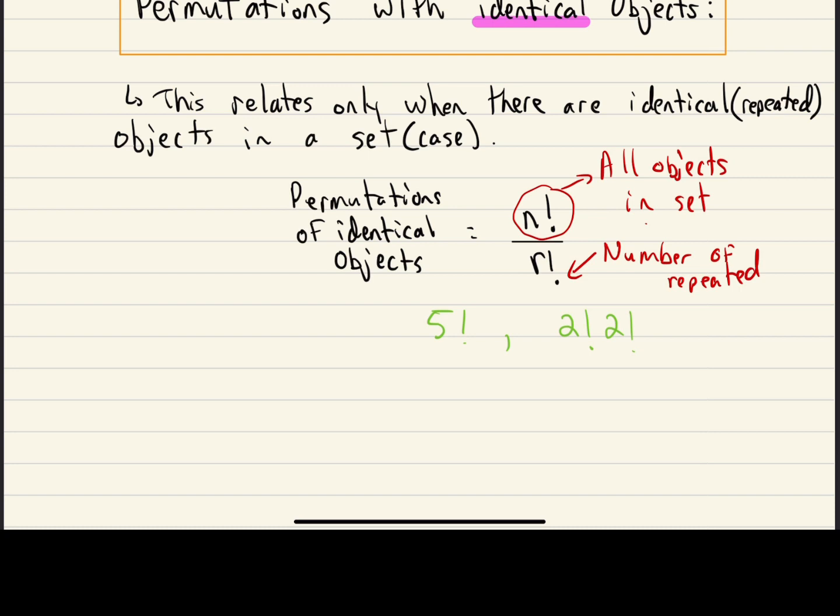Well, it would go like this. If I wanted to figure out the number of permutations in that set with those identical objects, I would go 5 factorial over 2 factorial multiplied by 2 factorial.